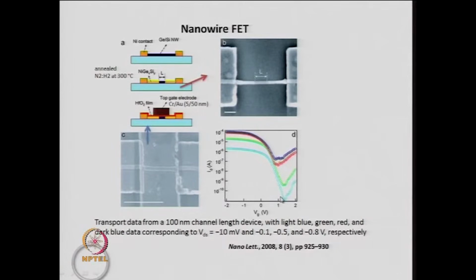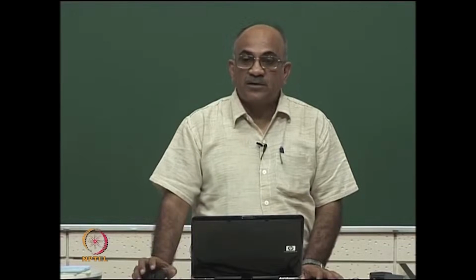So, if you apply a very high negative bias, say minus 10 millivolts between the source and the drain, then what is the current that you get at different gate voltages? That is given by this plot, and if you keep decreasing the negative value, that means you increase the voltage between the drain and the source.